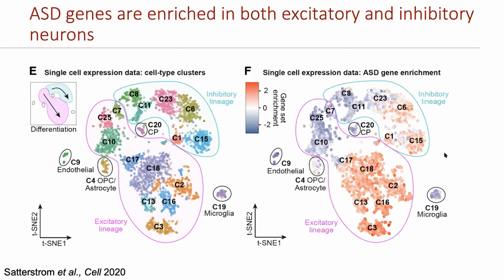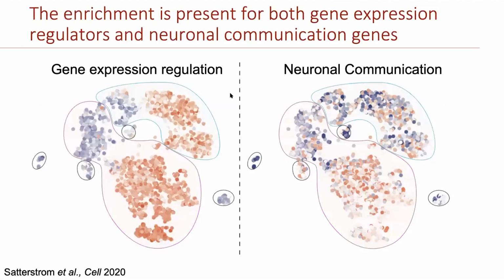If we then ask the question, how do the gene expression regulators and the neuronal communication genes interact with this? We find that the same pattern is really present in both of them. Let's start with neuronal communication: we see an enrichment, particularly in the excitatory neurons, but also some in the inhibitory, and there's a little bit going on over here as well.